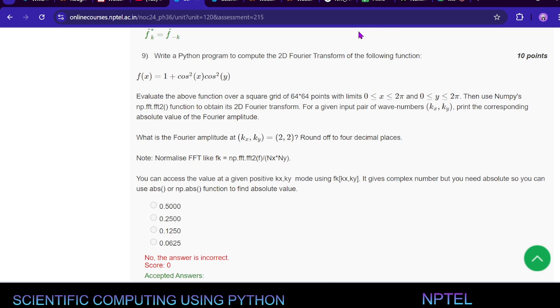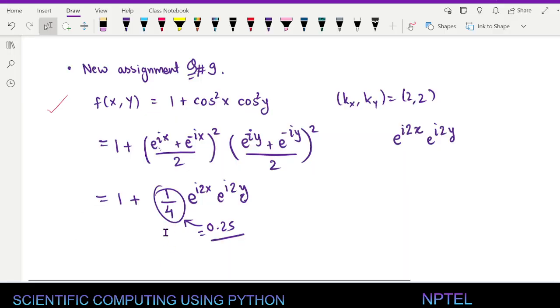But I felt like I was just copying, so I used that same thing but calculated it myself, and I got 0.2. No, no. It should be 0.0625 because it's 2, but it's squared. So it will be 1 by 4 times 1 by 4, right? So it is 1 by 16. It should be 0.0625. Now let me go to my code.